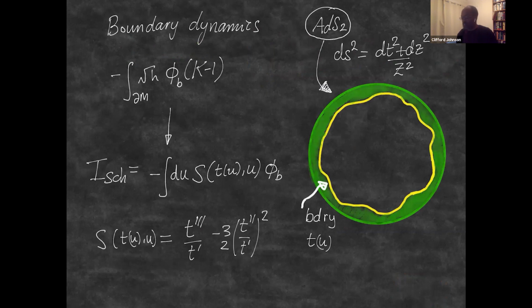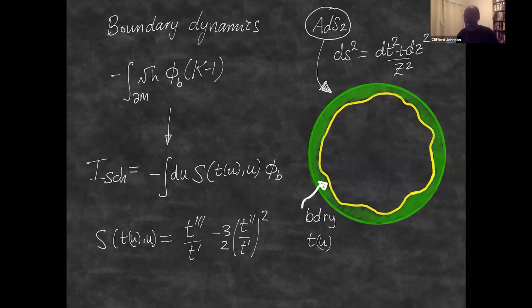Apologies to lots of people for all the work that I'm not citing appropriately here, just to quickly move through. The boundary dynamics has a Schwarzian action, which you can see at the bottom there. The picture you should have in mind is that there's some AdS2-like space, which I've drawn in green, which normally would be, for example, the Poincaré disk in the way I've drawn some coordinates up above, going all the way out to infinity.